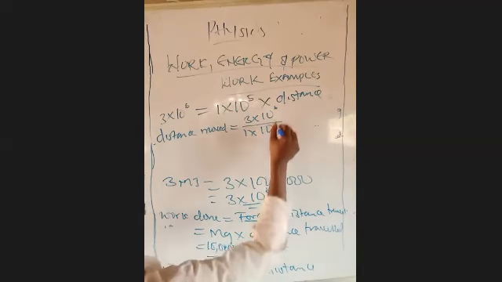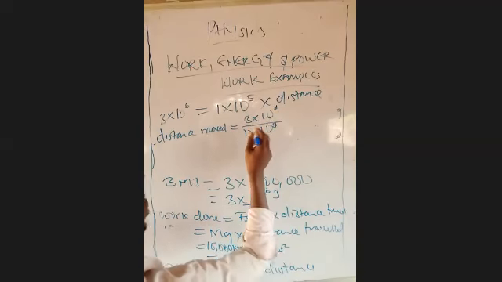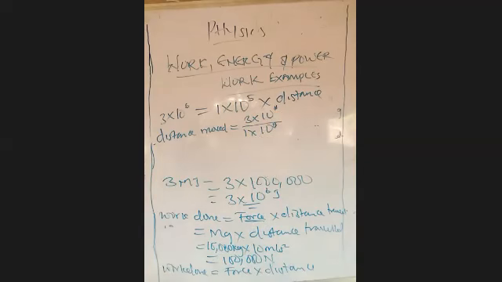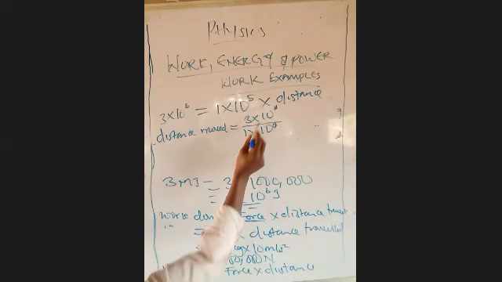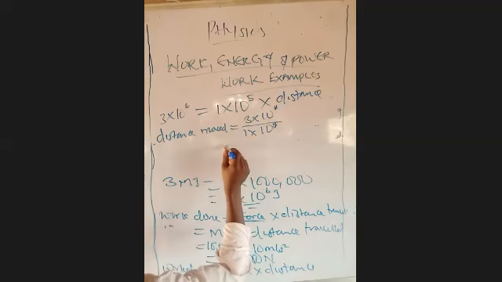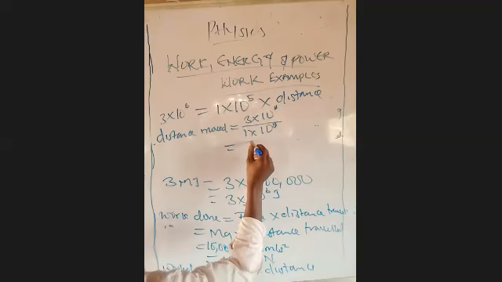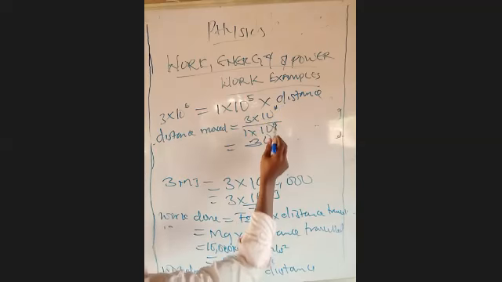So here now, 3 times 10 will give us 30.